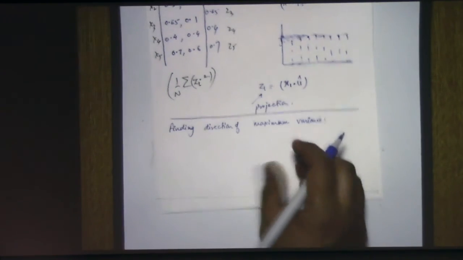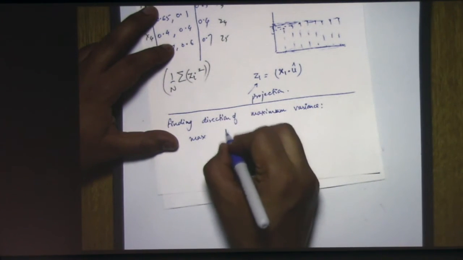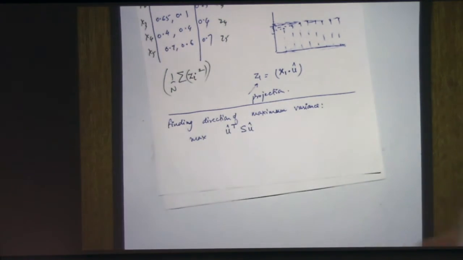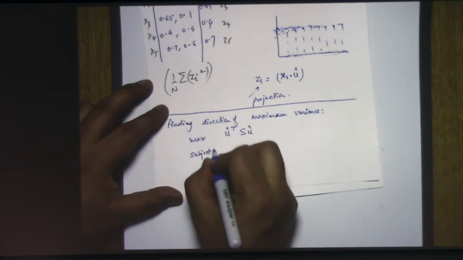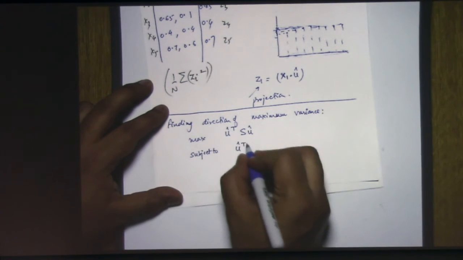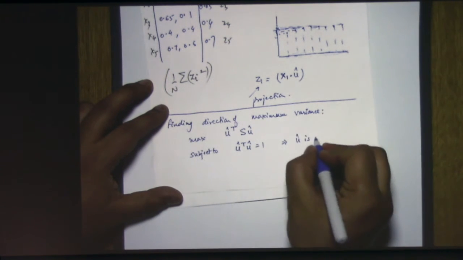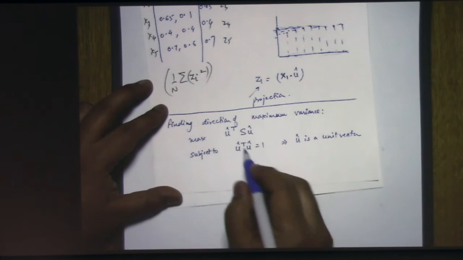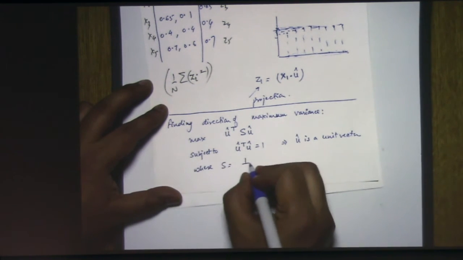The idea is that you're trying to maximize this function, U transpose S U, which gives you the total variance of the embedded data, subject to a constraint that U transpose U is equal to 1, which implies that U is a unit vector. So you want it to be a unit vector. That's it. Where S is nothing but the variance of your data set.